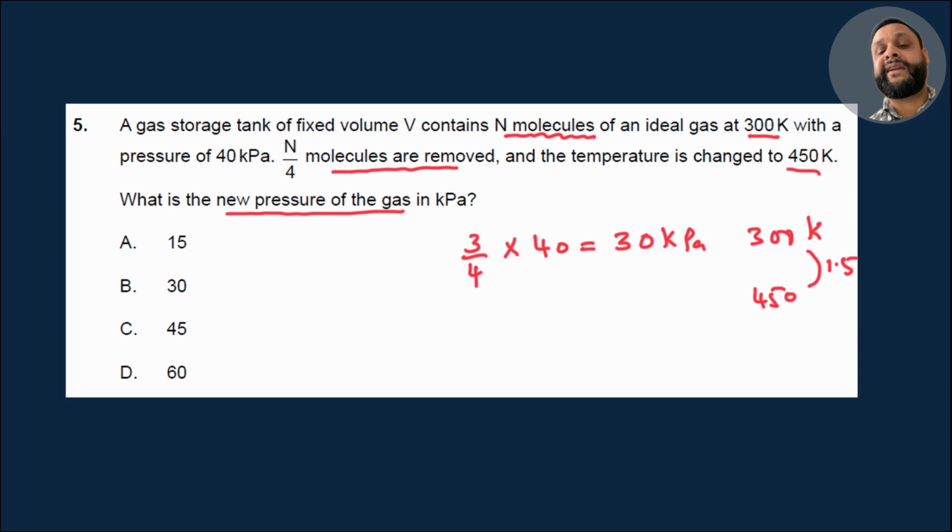If I multiply 30 kilopascal with 1.5, that will give me the new pressure, and that is 45 kilopascal. There is another way to answer this question, you can use PV equals nRT, but this is a lot easier than that. So the correct answer is C.